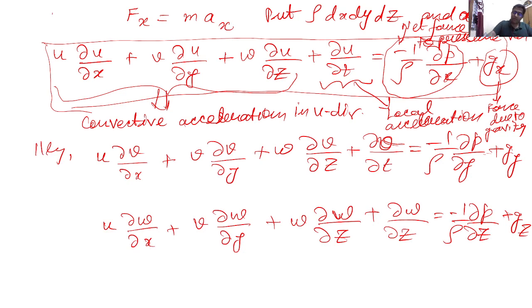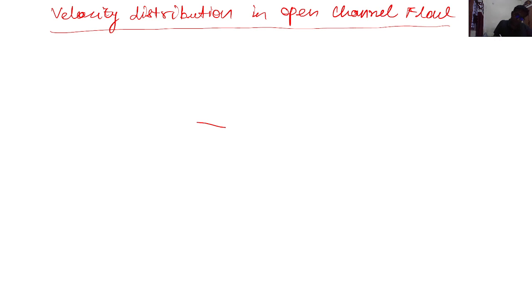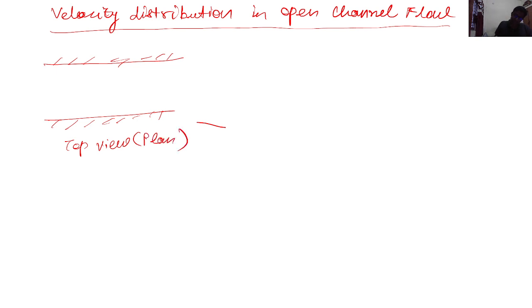So let us just see how the velocity distribution would look like in an open channel flow. Let us suppose this is the stream, the top view of the stream, also known as plan in civil engineering terms.